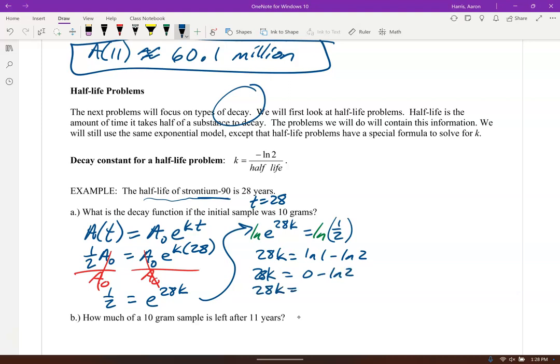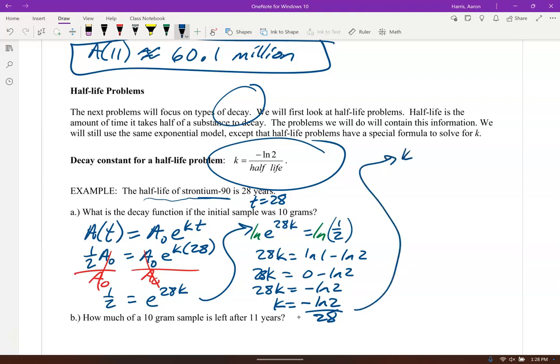So 28k is negative ln of 2, divided by 28. So I have negative ln of 2 over 28. That's where this comes from. But I'm going to go ahead and solve it each time because I like to go through that practice to find my k. So my k is, and let me punch that in, negative ln of 2 divided by 28 is, so my k is negative 0.0247555256.